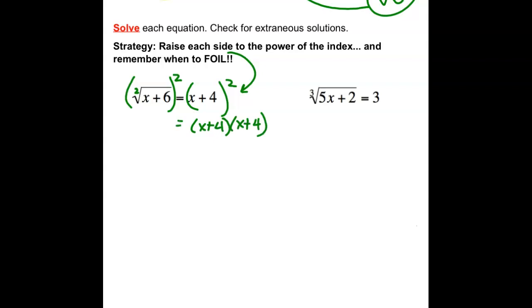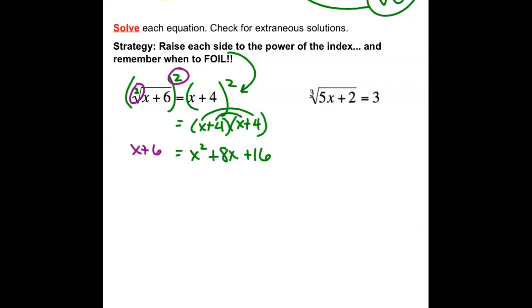So on the right-hand side here, we end up with x squared. Outsides, we get 4x, and insides, we get 4x, so a total of 8x. And our last term, 4 times 4, would be 16. On the left side, our square is going to cancel our square root, and we just get x plus 6.